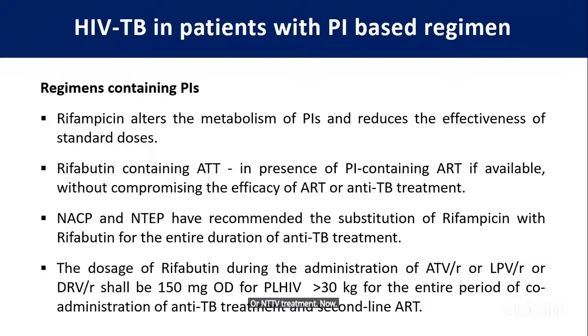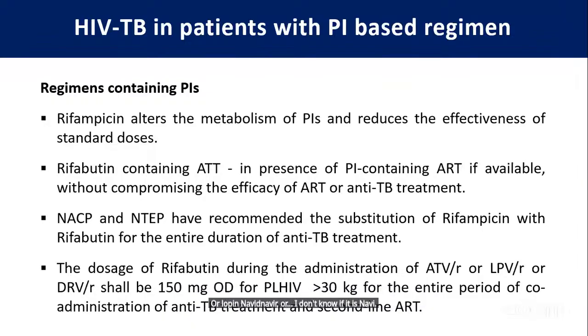Now, NSCP and NTAP both have recommended the substitution of rifampicin with rifabutin for the entire duration of anti-TB treatment. The dosage of rifabutin is reduced from usual 300 to 150 milligram once daily when it is administered with boosted protease inhibitors like atazanavir ritonavir or lopinavir ritonavir or darunavir ritonavir.